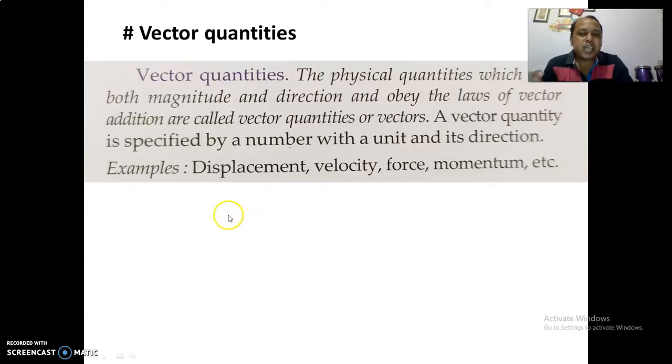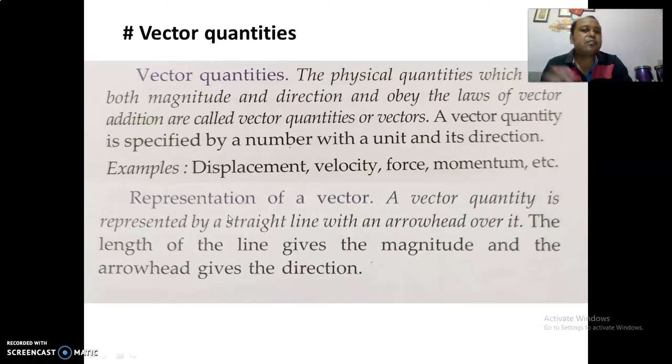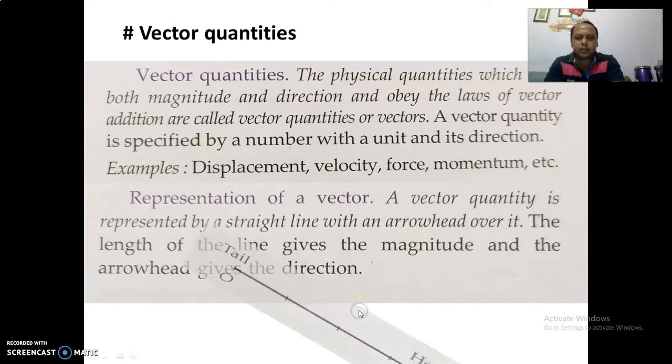Now the question is, how do we represent vector quantities? A vector quantity is represented by a vector. Now what is a vector? A vector is a line which has an arrowhead. That means a vector quantity is represented by a straight line with an arrowhead over it. The arrowhead shows the direction and the length of the line shows the magnitude.